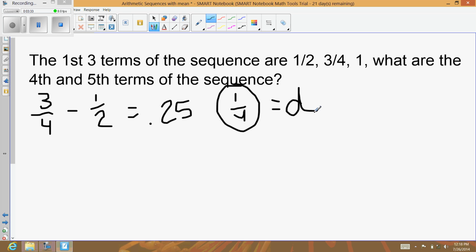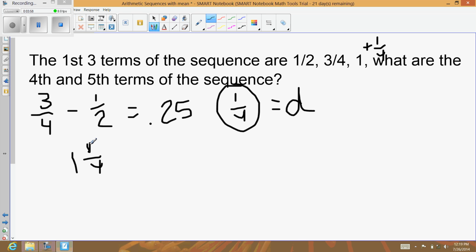You can use the formula on your reference sheet, or you can just add a fourth to the last number. That's the first, second, third. We want the 4th. The 4th term would be 1 1/4. It can look like this, or it could be 1.25. Your choice of how you write it. You have to look at your multiple choice answers to see.